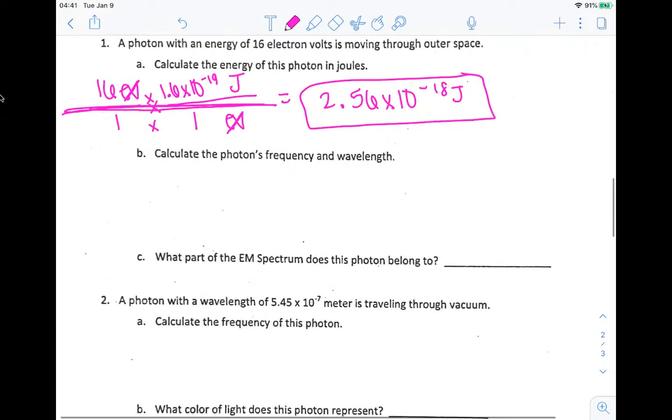Looking at letter B, calculate the photon's frequency and wavelength. If we want to solve for frequency, we use E equals hf.